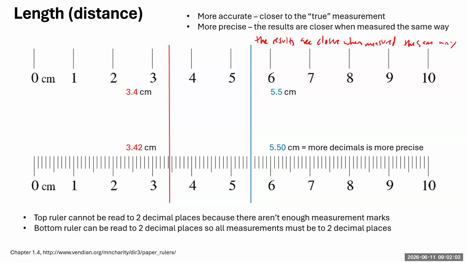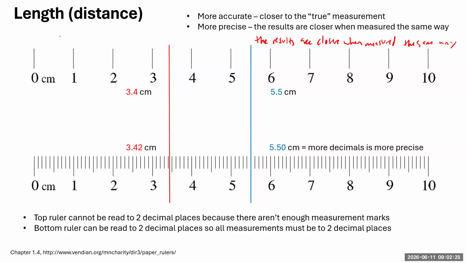So more accurate means it's closer to the actual true measurement or value, right? Sometimes we don't know what that is, so we don't know if it's more accurate or not. But the definition of accuracy is that more accurate is closer to the true value or measurement. More precise, the results are closer when measured the same way.